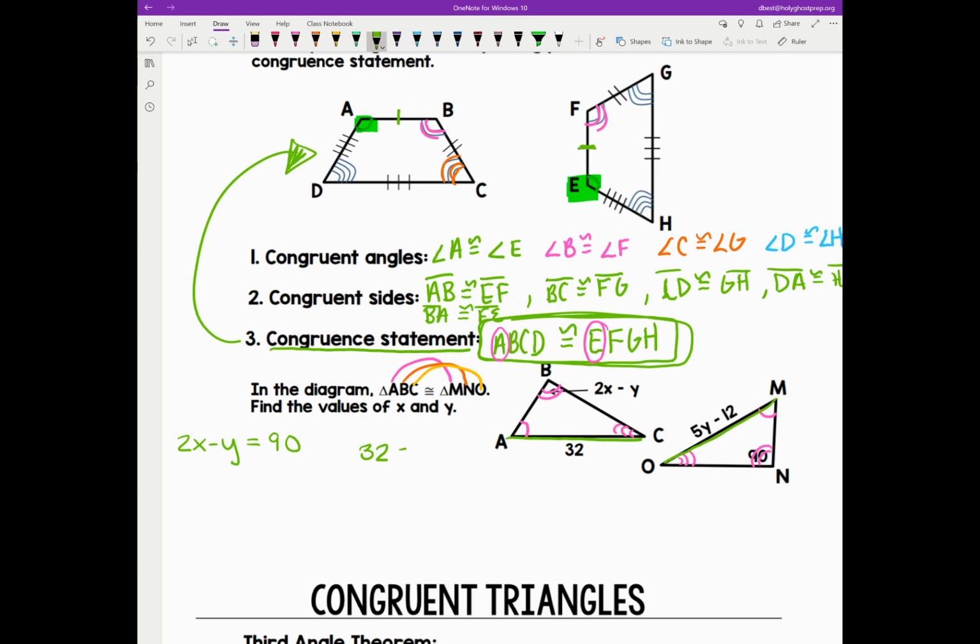So I would also use the equation 32 equals 5y minus 12. I would want to solve this equation first, because it only has one variable in it. I would solve this and get about 8.8 for y, and then use that answer to help you solve for x.